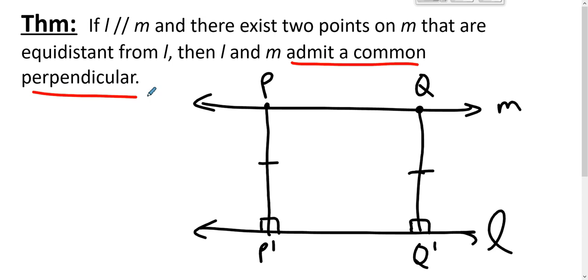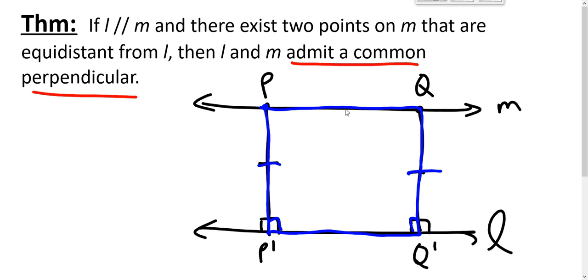Do you see what kind of quadrilateral P prime, Q is? Do you see that? Yep. The base angles are right angles. Those are congruent. This is a Saccheri or Khayyam quad.